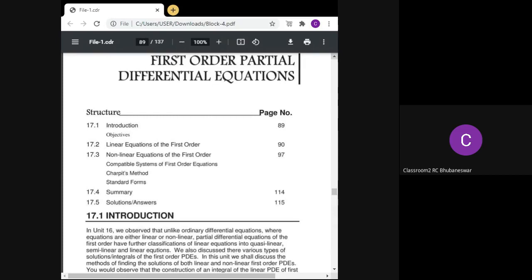Because if the system is compatible, then we can easily solve it by using a systematic procedure. But if it is not compatible, then we have to use Charpit's method to find the solution. And finally, we are going to discuss some standard forms of first order partial differential equations to find their solutions. So let us move towards the linear equation of first order partial differential equation on page number 90.